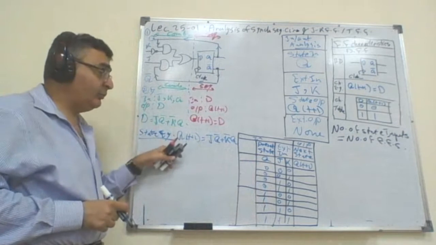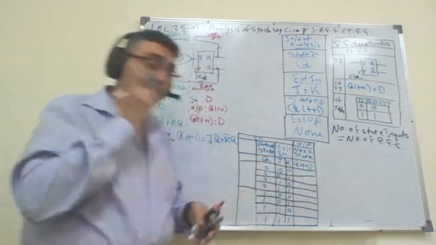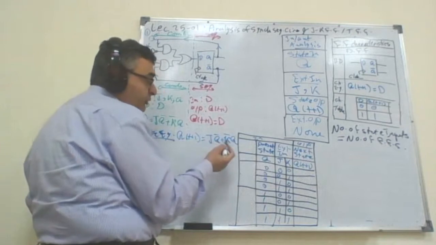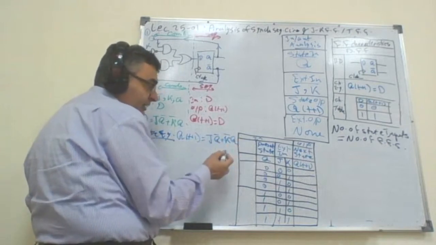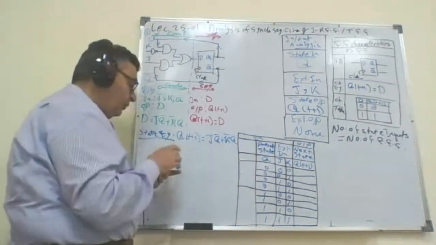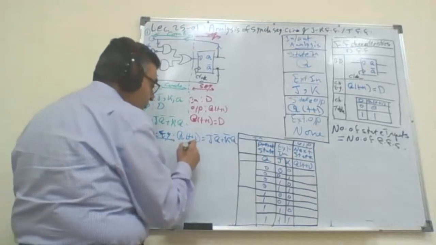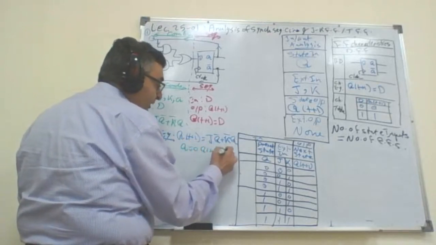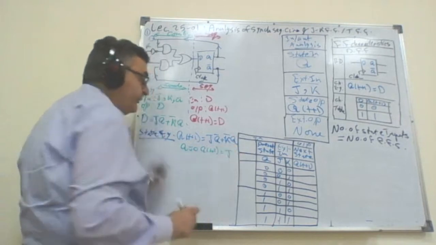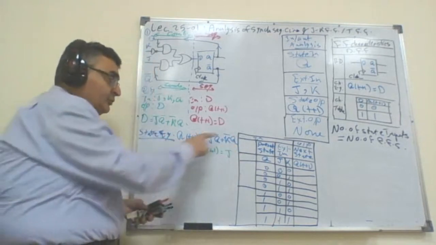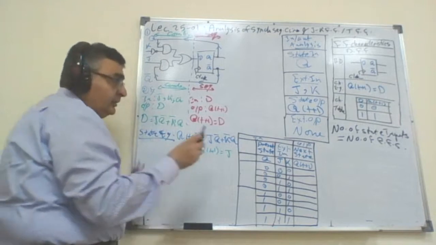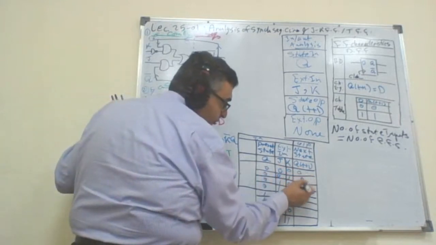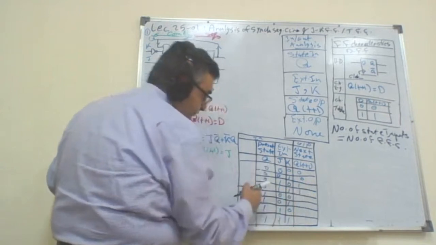Now we have the state equation through which we can write the state table. So here, if I put Q equals 0, this term is nullified. So when Q equals 0, the equation of Q plus 1 is simply J. Q equals 0 means J, and J means 0, 0, 1, 1.